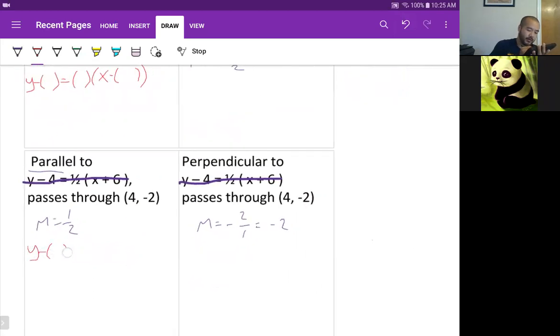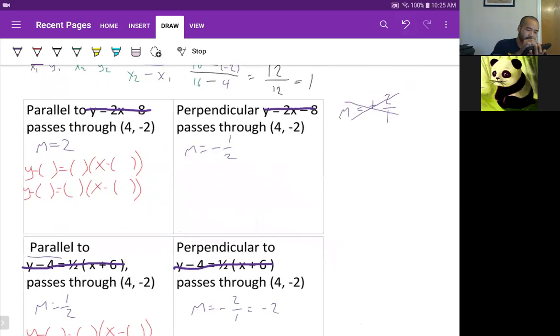Now this is your first step. You don't have to write it twice. You can go straight into the work, but since I'm doing an example here, I want you to have a blank one there just so you know why I'm doing it this way.